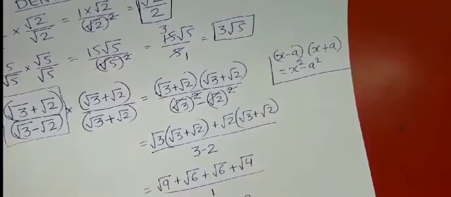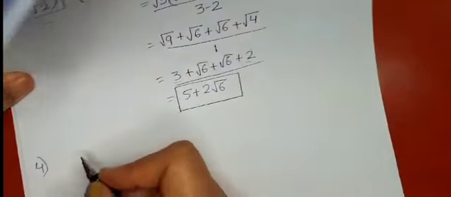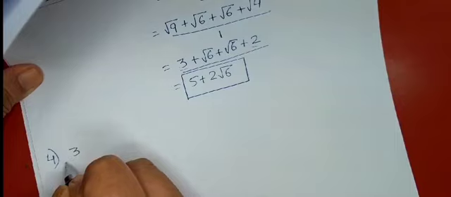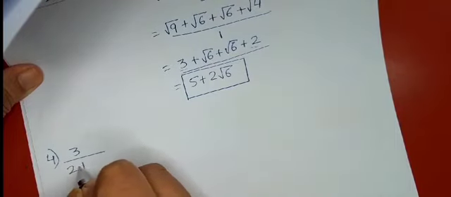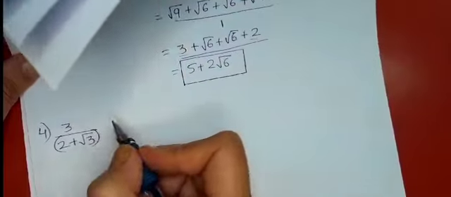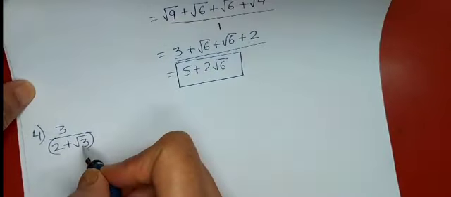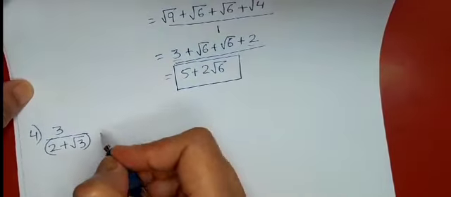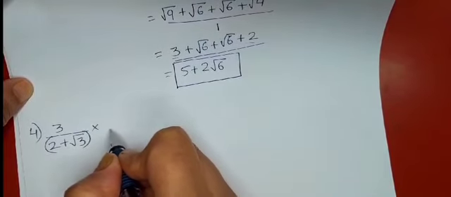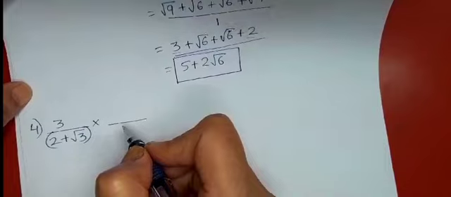Now let us take one more example of a binomial surd in the denominator. Supposing I take 3 over 2 plus root 3. Now in order to remove this surd, to rationalize this denominator, we have to multiply here also by its conjugate.